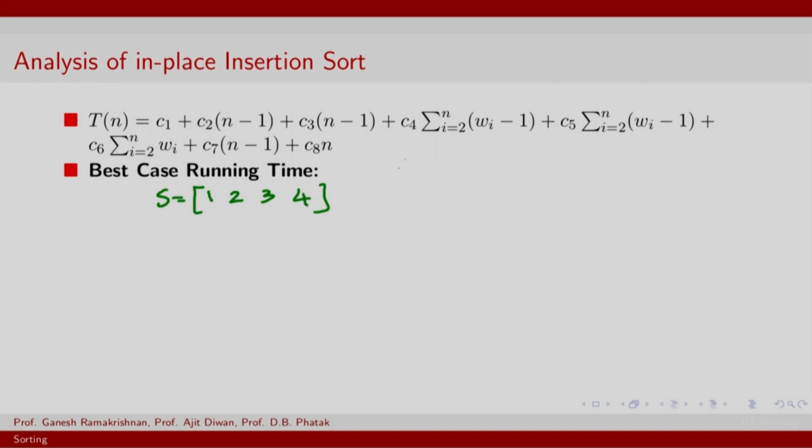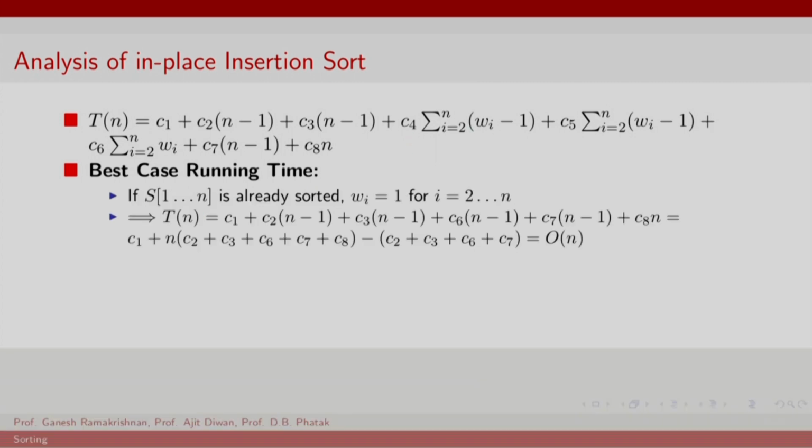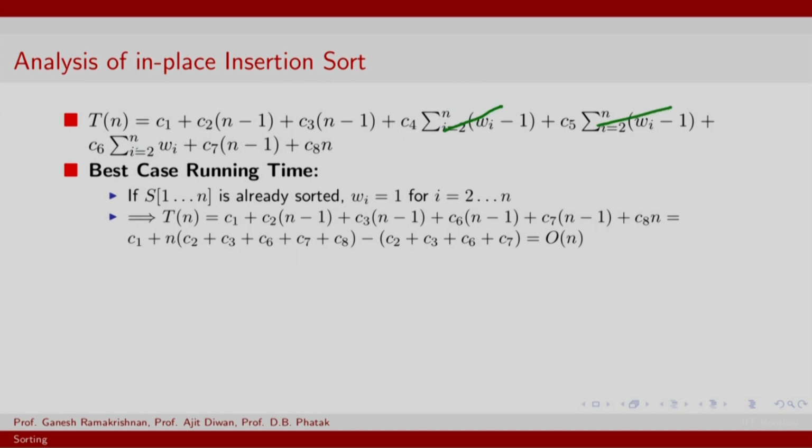As a result, the best case running time is when the Wi's are 1 for all values of i, so these terms do not contribute anything at all. There is a contribution from this term, but it is again Wi, so it is just n times C6. The rest is as was discussed earlier, and this all turns out to be just order n.